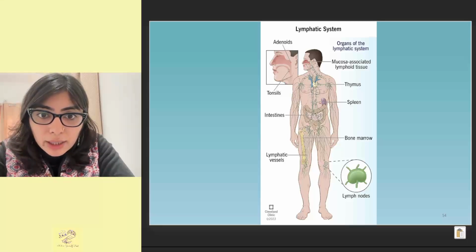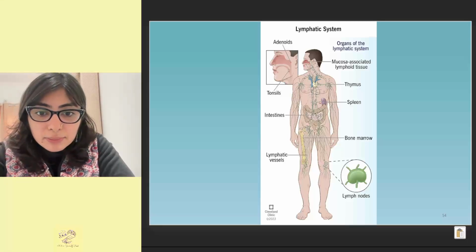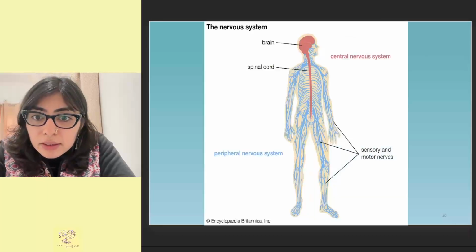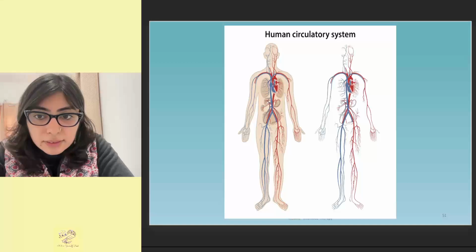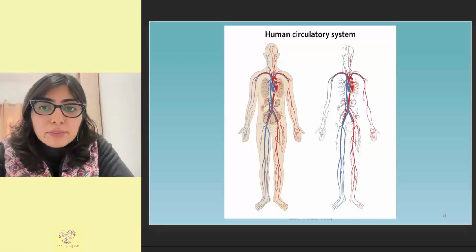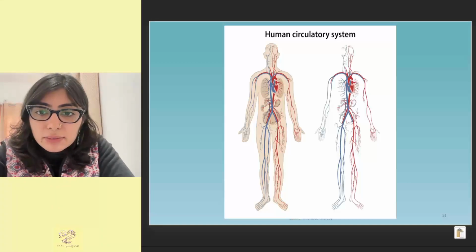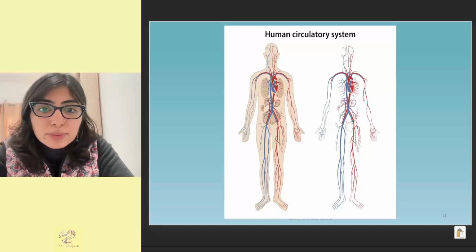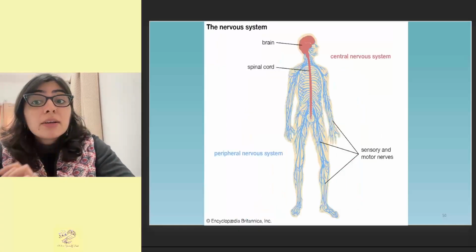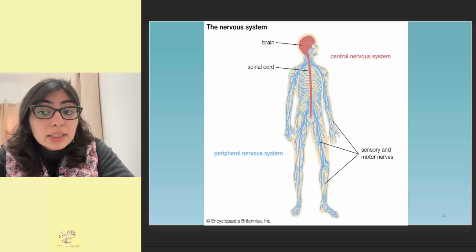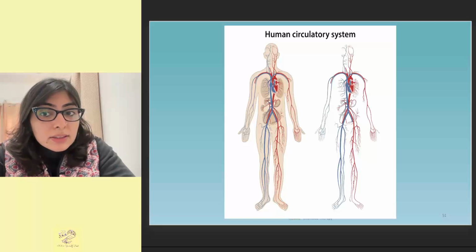So this is the gist of the lymphatic system. This is the circulatory system. I am showing you because it's 2D and it's very complex. Why are these three pictures together? I put them together because in the past 2-3 lectures we have studied this part, the nervous system. This is the circulatory system. We just revised it.